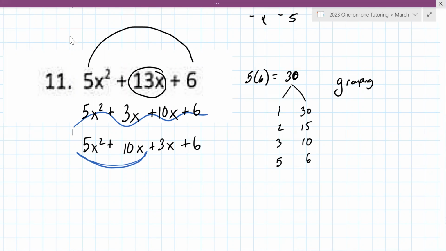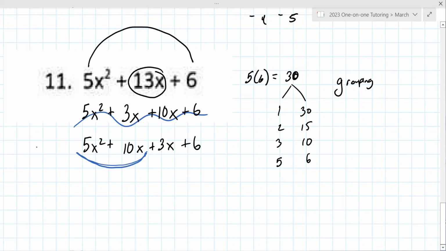What is the GCF between 5x squared plus 10x? What goes into both? 5x. And then what goes inside the parentheses? x plus 2. Good. Immediately write that over here, x plus 2.